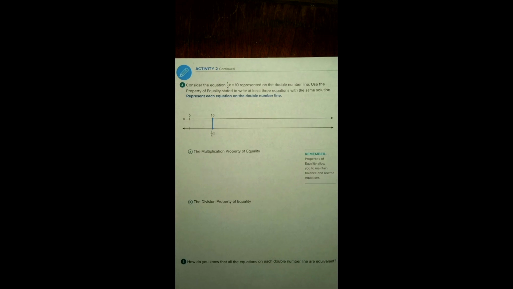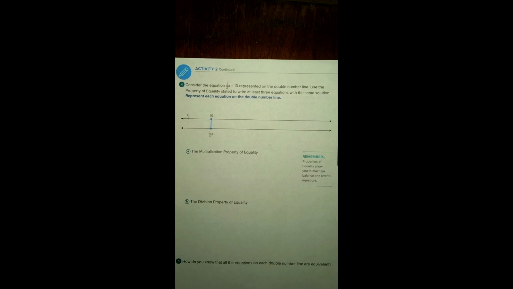Okay, moving on. This next page, 409, is rather complicated. Honestly, I think it's a little bit too complicated for 6th grade, but we'll give it a shot here. Consider the equation 1/2 x equals 10 represented on the double number line. Use each of the properties stated and 3 different ones. Same thing.